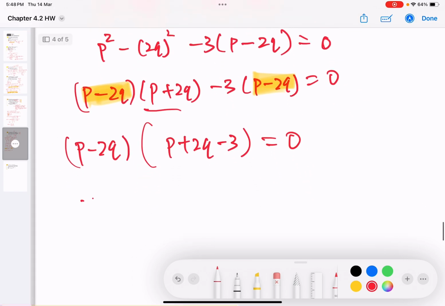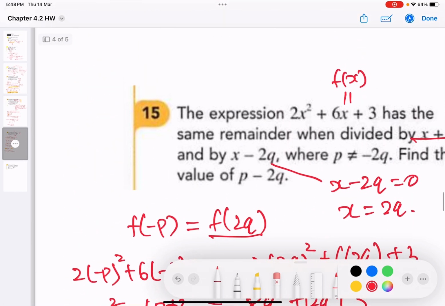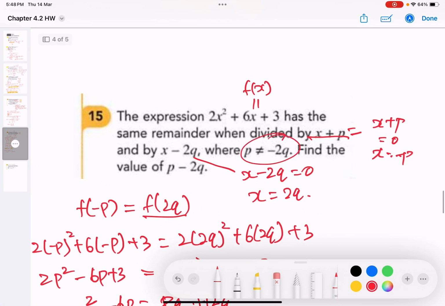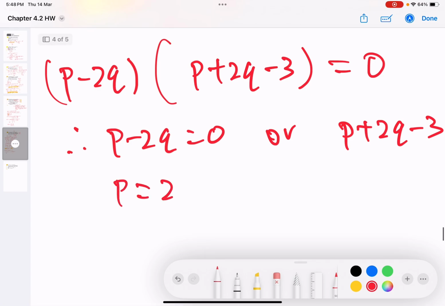So therefore, the product law of 0 tells me that p minus 2q is equal to 0, or p plus 2q minus 3 is equal to 0. But the question actually says that p cannot be equal to 2q.